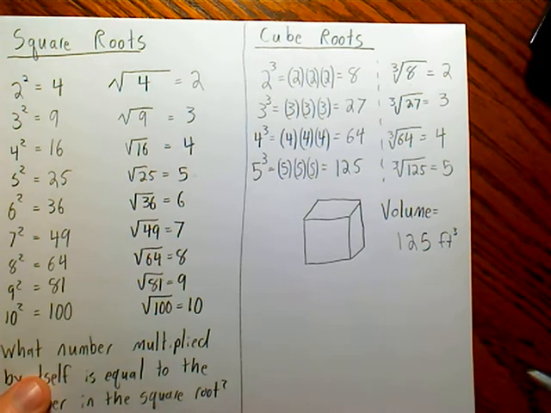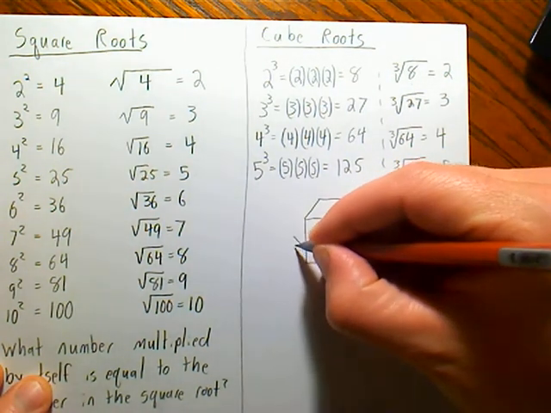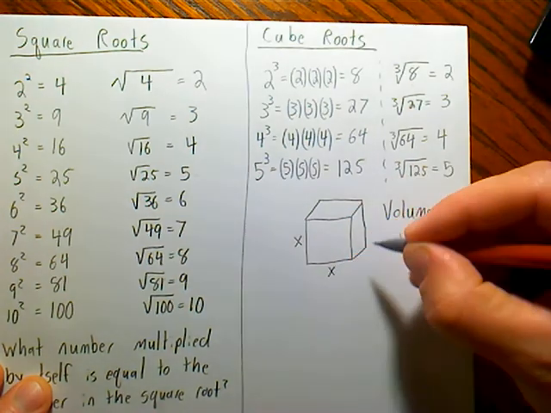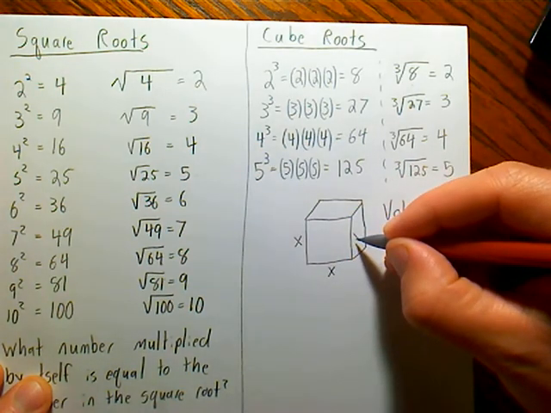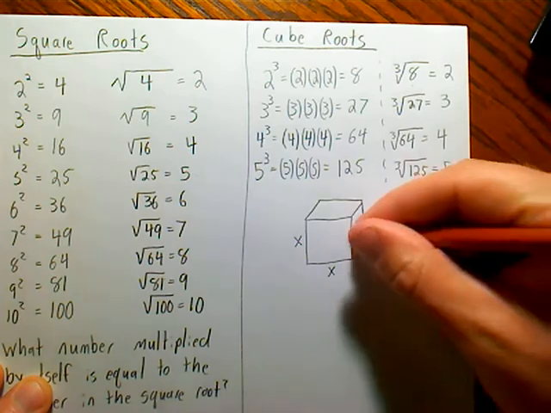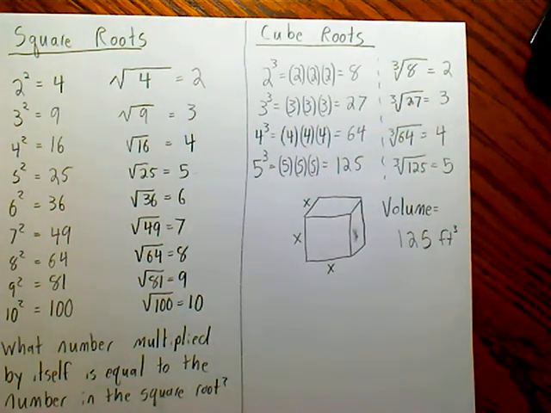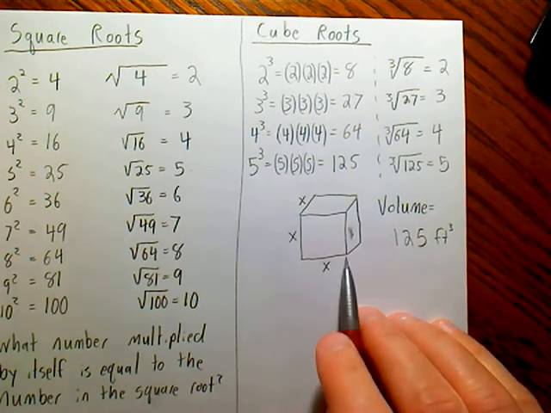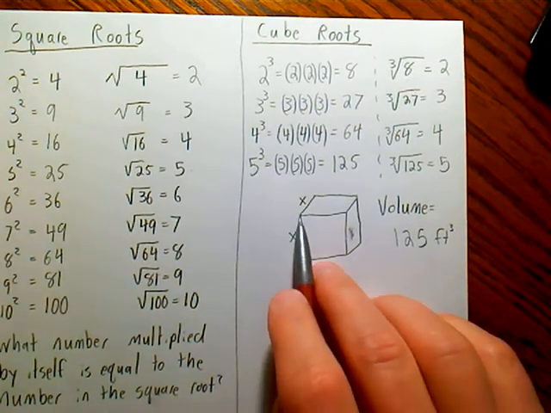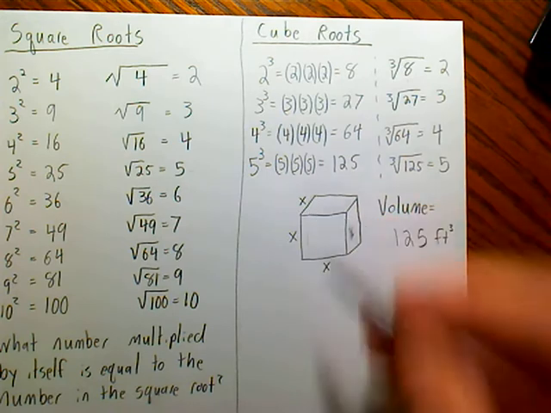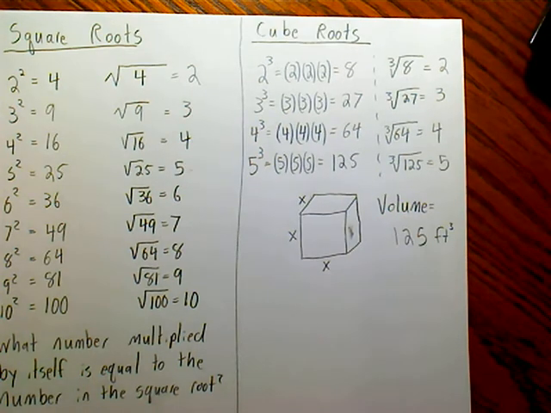So my question to you is, what are the lengths of the sides? That would be this one here. And so I'm trying to find out what that side is, what this height is, and what this depth is. Now, since it's a cube, all of these sides are the same.